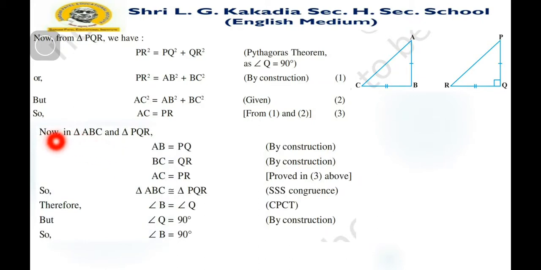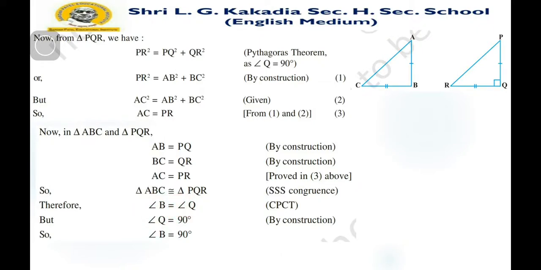So in triangles ABC and PQR, AB is equal to PQ, BC is equal to QR, and AC is equal to PR, proved in equation number 3. Hence triangle ABC is congruent to triangle PQR by the SSS congruence rule. Therefore angle B is equal to angle Q, and as we know angle Q is 90, angle B is 90.